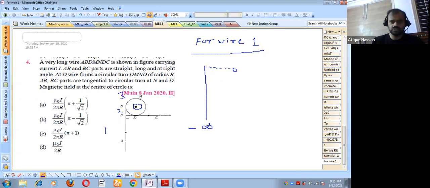So this distance will be r. Suppose this point is P, which is at the center, or we can also call it O.